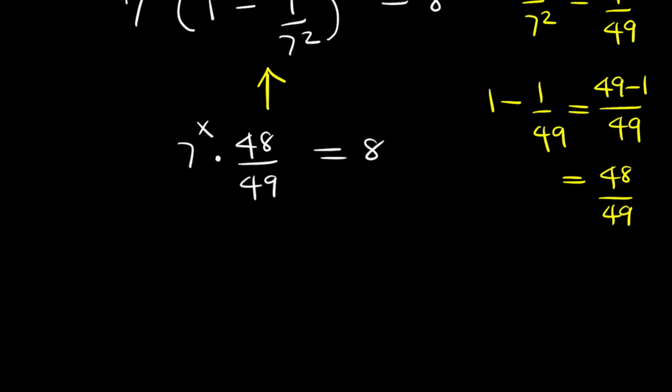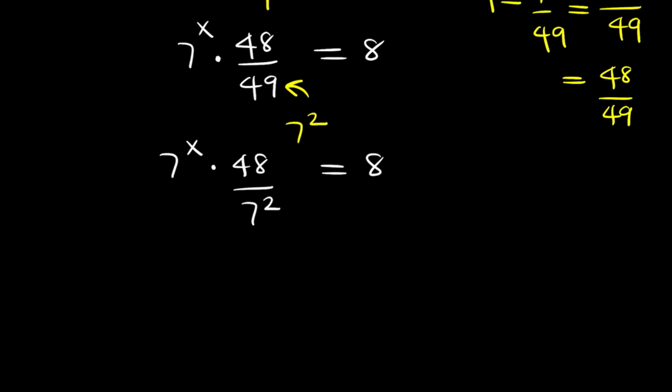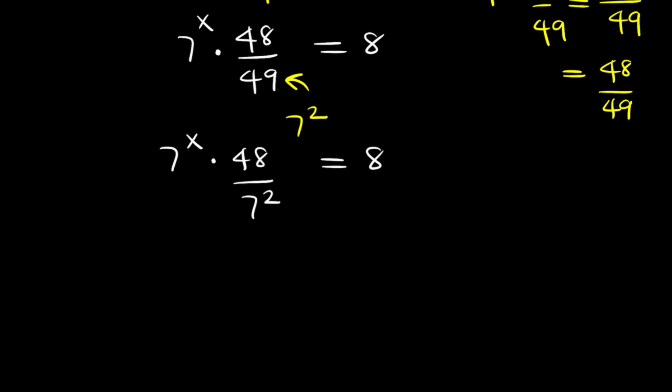Now the next thing I will do is return the 49 at the denominator, since I've simplified the expression, back to 7 squared, so that this becomes 7 raised to power x times 48 divided by 7 squared is equal to 8. The reason I've done this is so that we can apply the law of indices we applied earlier.